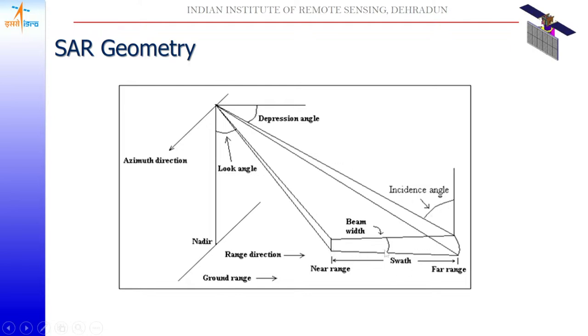And this length is called the swath in the x direction. Okay, so these are some of the terms: the look angle, incident angle, near range, far range, nadir. This is the geometry of the SAR, and SAR is always a side looking sensor.